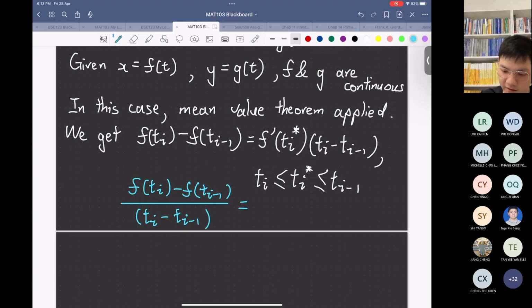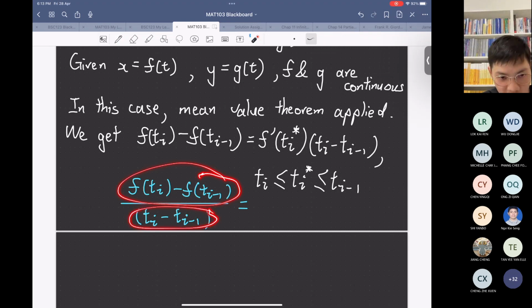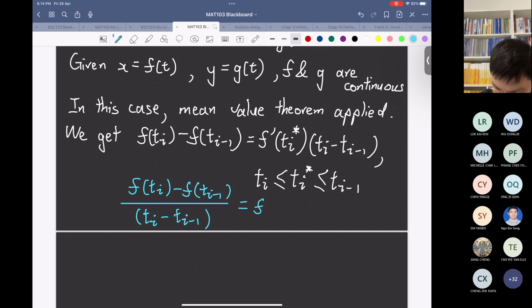You have the difference of y over the difference of x. So you are getting some gradient, but can it be the gradient of that curve? The mean value theorem tells you that it is the gradient of that curve applied to some other point, some other point in between ti and ti minus 1.